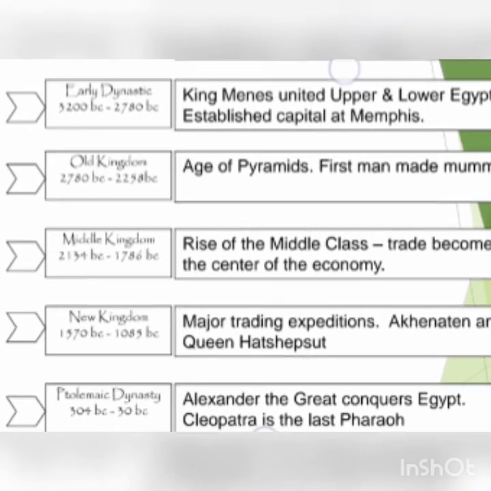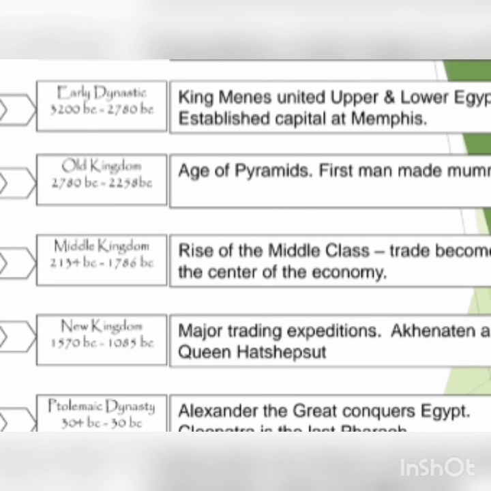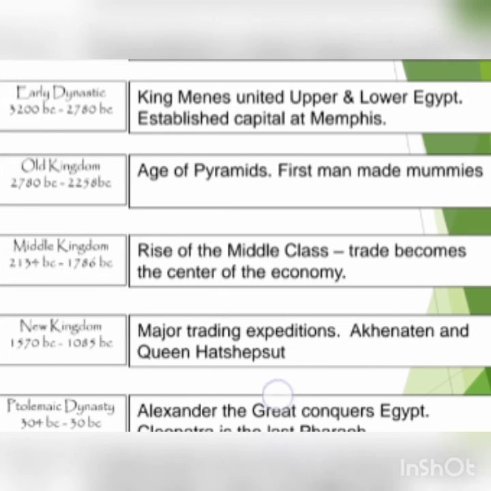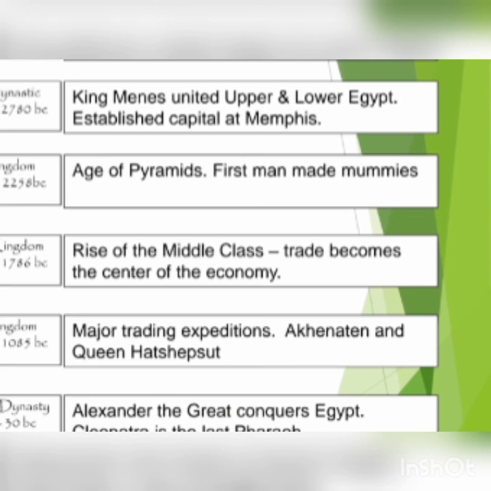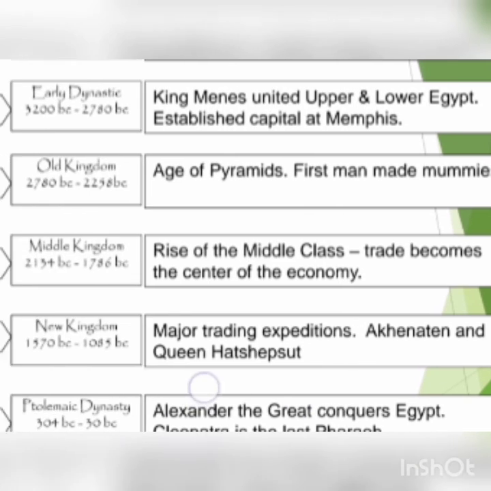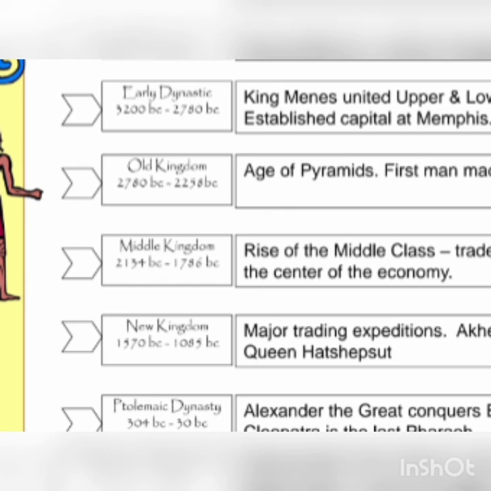Regarding the Old Kingdom, 2780 BC to 2258 BC, it was the age of pyramids, and the first man-made mummies. The Middle Kingdom was from 2134 BC till 1786 BC.